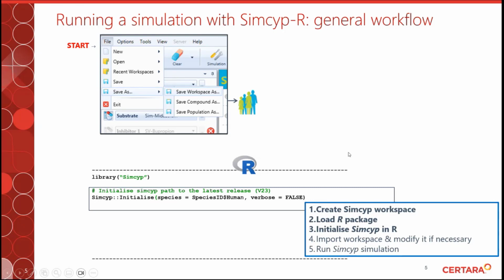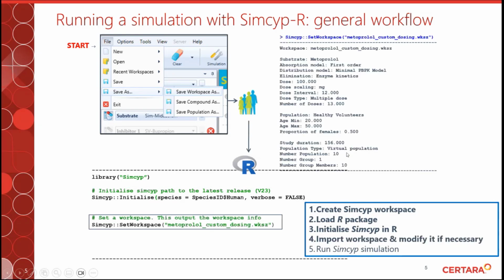Once you've initialized the package, the next step is that you will need to import a workspace. This workspace can be a workspace that you need or a default Simcyp workspace, but as long as a workspace is imported into R, this means that you can connect to the Simcyp engine using the Simcyp-R package.